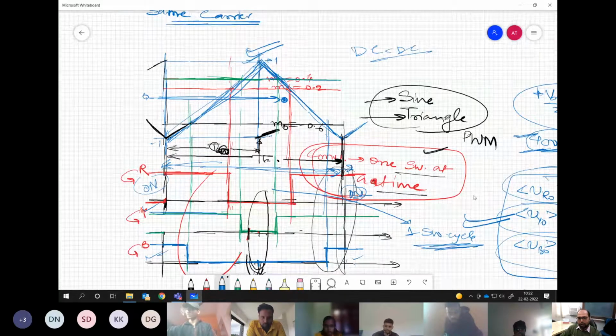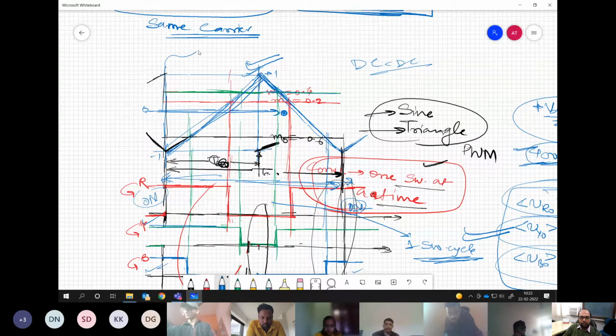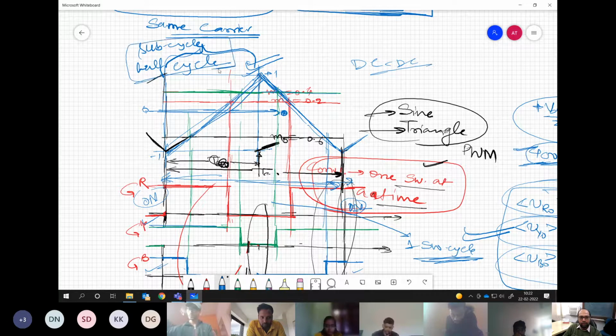Sometimes this half carrier cycle is also called a subcycle or half cycle, because any analysis you do in this one subcycle is correct for the complete waveform, the entire cycle of the fundamental signal, because it is true for the next half also, and the same thing repeats multiple times within the fundamental cycle.